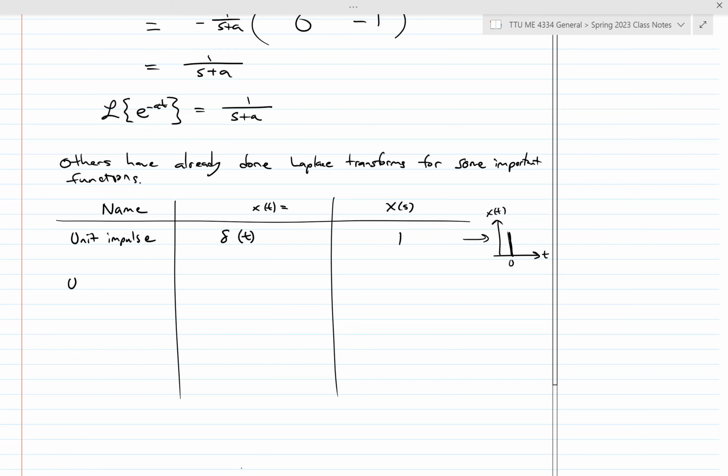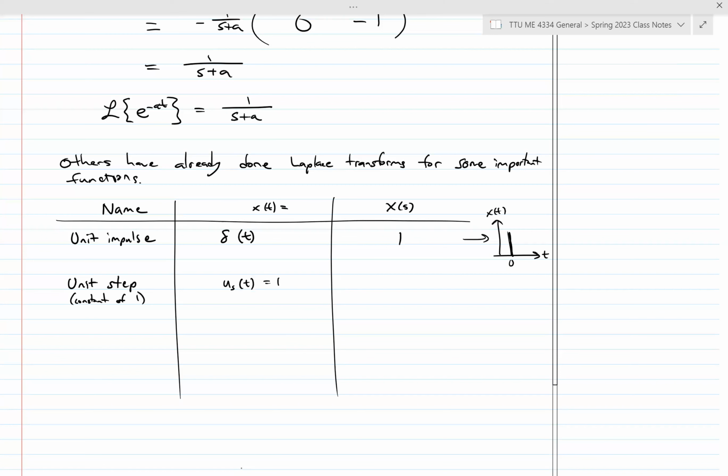The next one will be our unit step, one that we're going to use quite a bit, actually both unit step and unit impulse, right? Unit step is just a constant of 1, right? It's usually represented sometimes by u subscript s of t, sometimes also like a theta in some cases here.